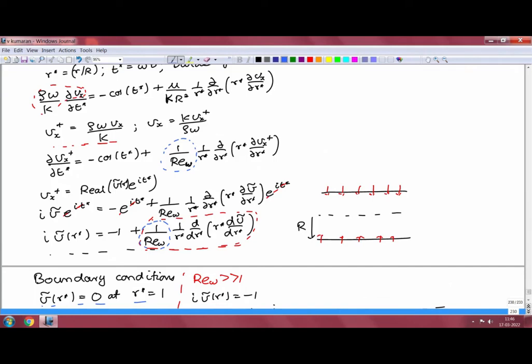Even in the limit of large Re omega, there is momentum diffusion up to a certain thickness and the velocity has to decrease to 0 at the wall. Whereas if you neglected viscous effects in the original equation, you find that the velocity is just a constant and you cannot satisfy the boundary conditions.